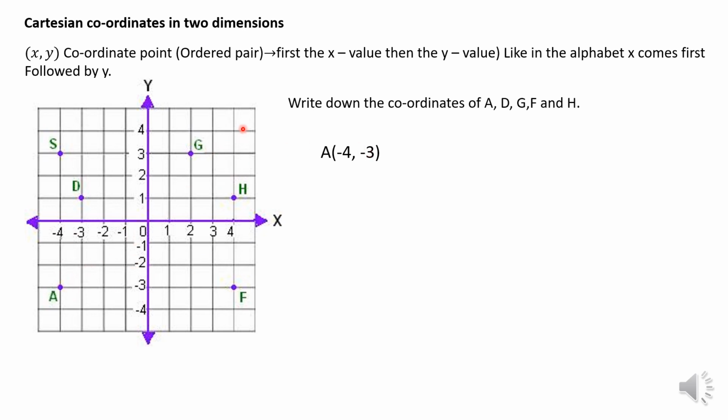Remember, when it comes to quadrants, we start with the first quadrant, then the second quadrant, third quadrant, and the fourth quadrant. Maybe something important that I should mention is that in the first quadrant, x values are positive, y values are also positive. So if you look at any particular point, all the values will be positive. If I come to the second quadrant, the values of x will be negative, but the values of y will still be positive.